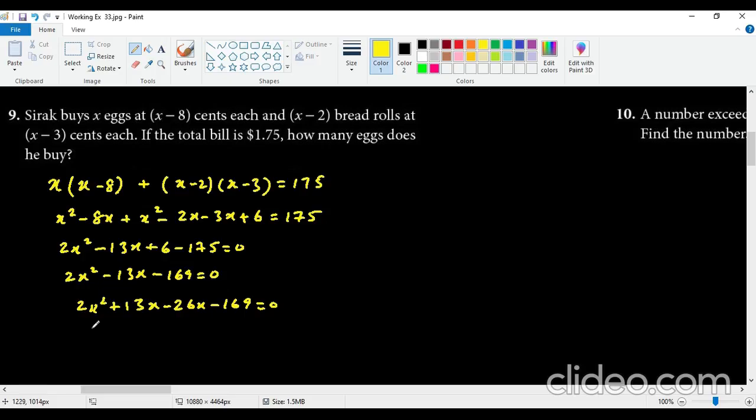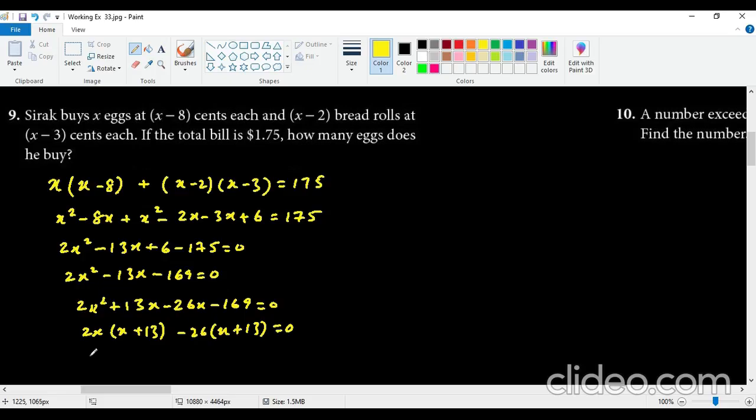That means 2x square will be equal to, common between the first and second is 2x, and x is remaining. So plus 13, and x plus 13 will be in another bracket, and here it's going to be minus 26.